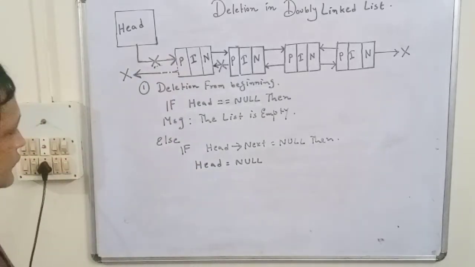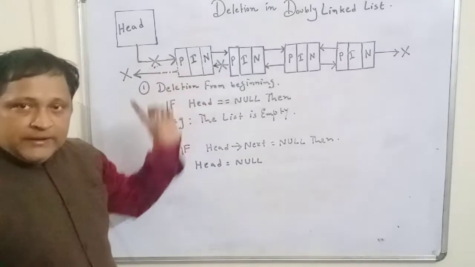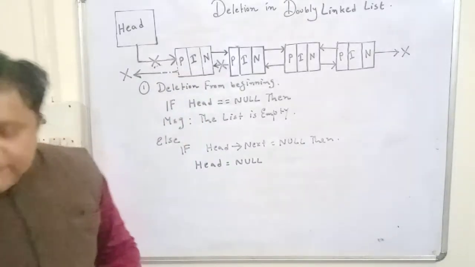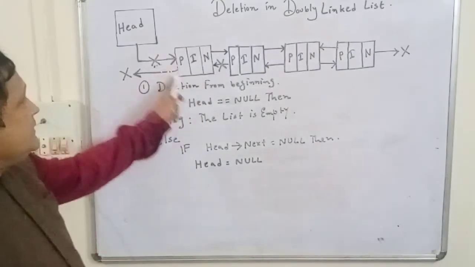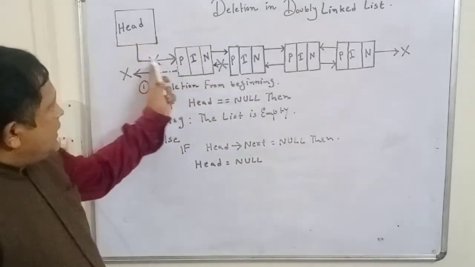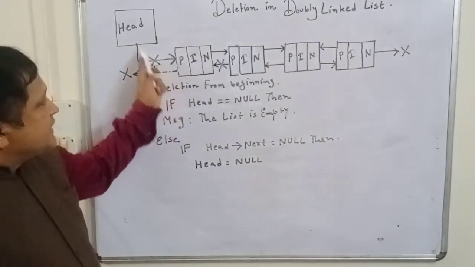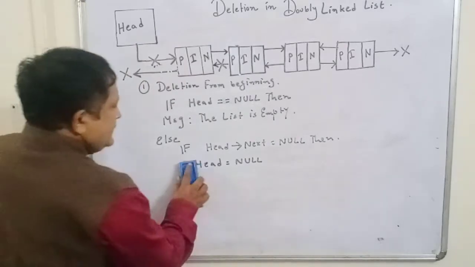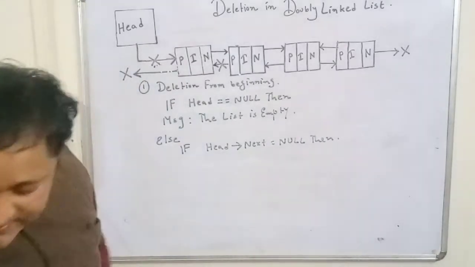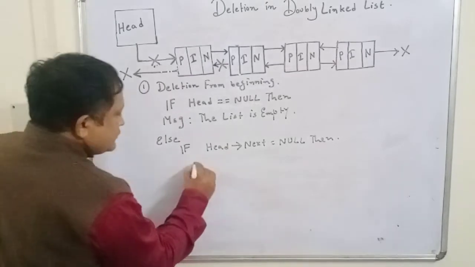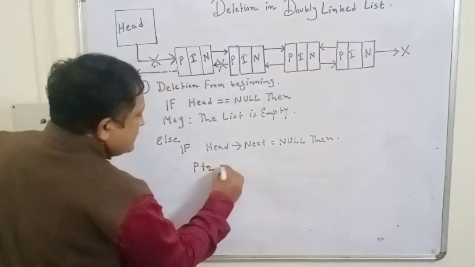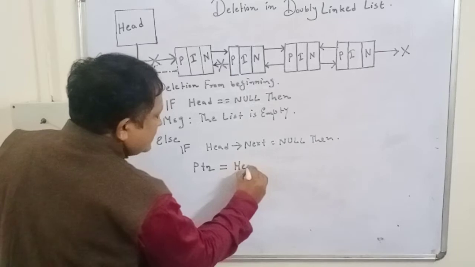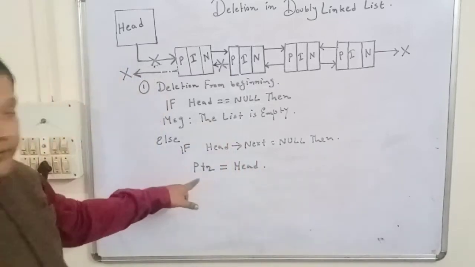Before that, there is one more thing we can do. More precisely, if we want to delete this node also, after deleting this connectivity, then we have to declare a pointer, and we have to assign the address content of head to that pointer.